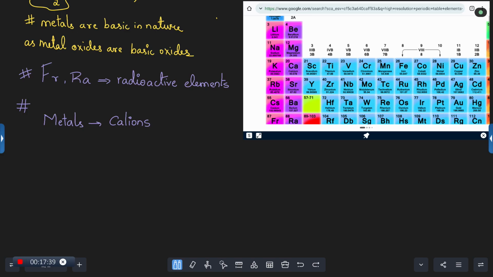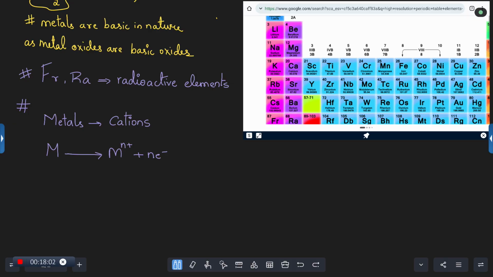How? The metals are going to lose electrons and form metal ions. So M will form Mn+ by losing n electrons. If it is univalent, it's going to lose one electron. Divalent, it's going to lose two electrons.